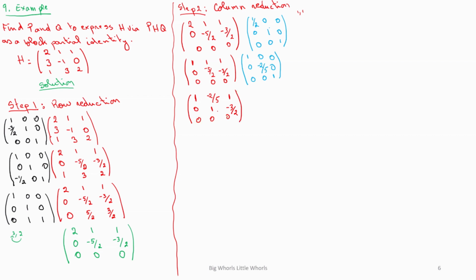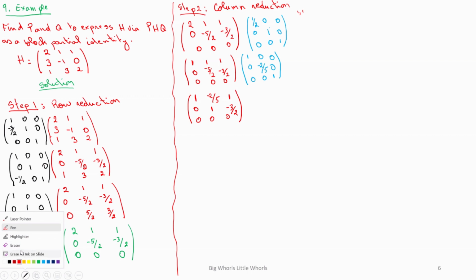Okay, so the next step is to use the 1 in row 1, the first entry in row 1, to eliminate in column 1. Let's talk now with column, to eliminate the minus 2 over 5 in column 2 and the 1 in column 2.